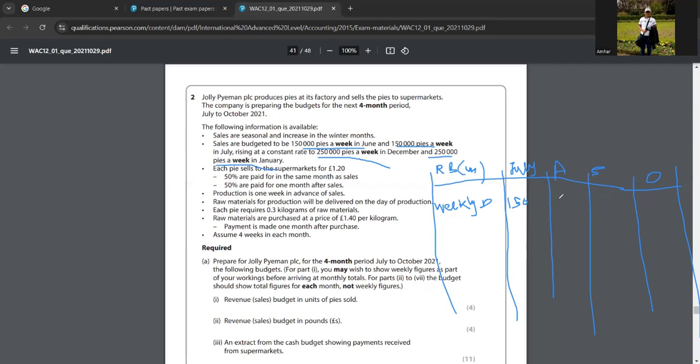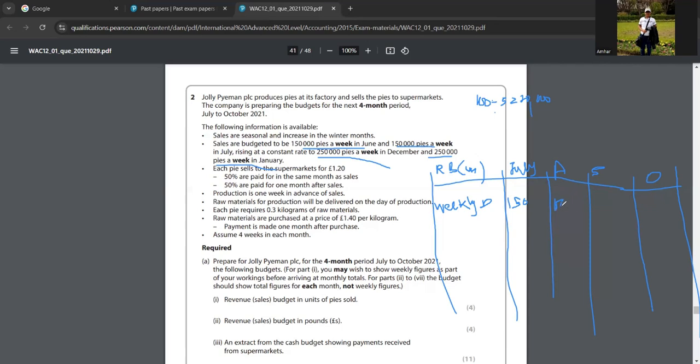So 100,000 divided by 5 months, which is 20,000. So 150,000 plus 20,000 equals 170,000. Why are you dividing by 5? So August to December, it's 5 months. Okay, correct. What you said is correct.